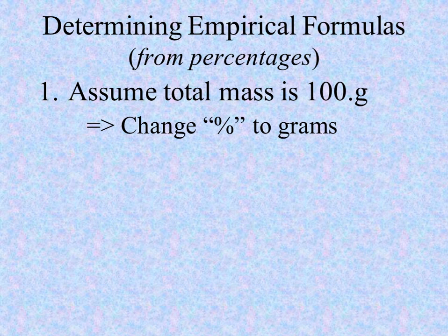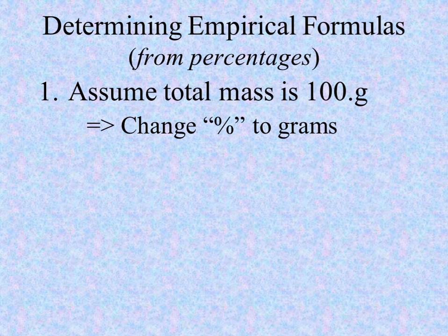For instance, if you had 55% carbon in your sample, what the analysis gave you, then if you assume that the total mass of that unknown sample that the 55% was measured from was 100 grams, 55% of 100 grams is simply 55 grams.